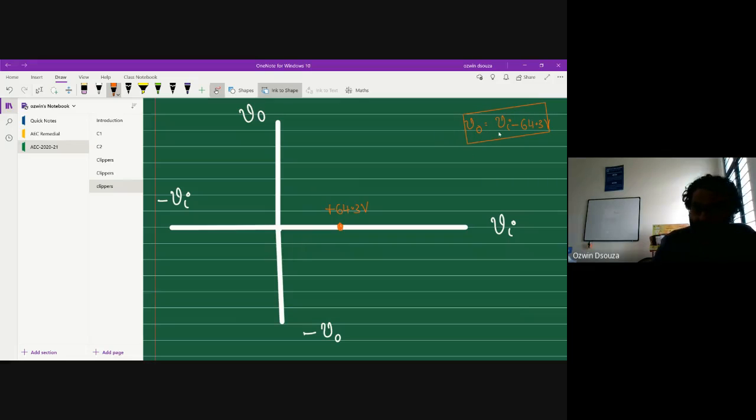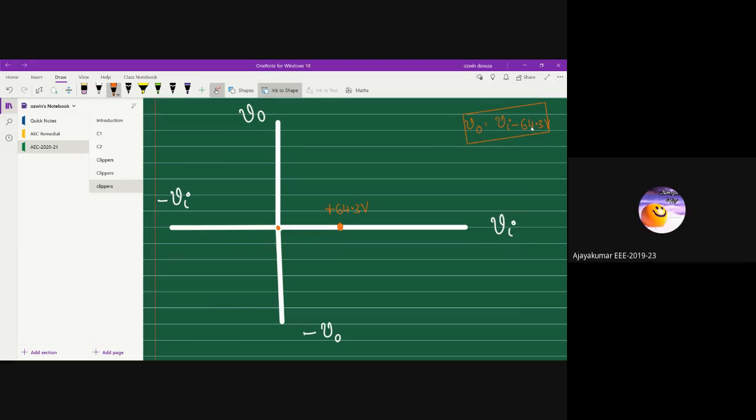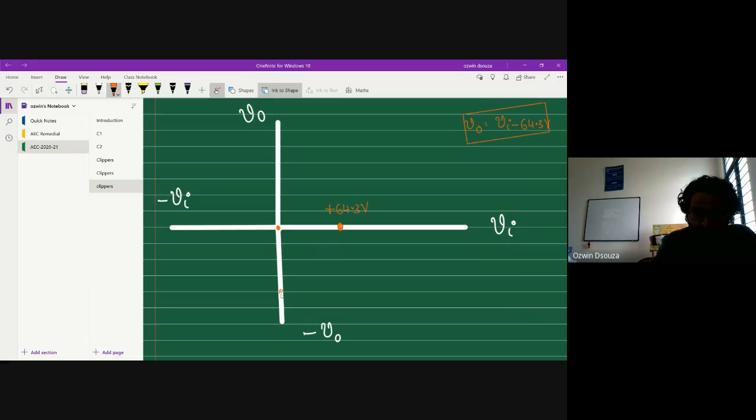Fine. So that means when your input is 0, what will be the value of output? Minus 64.3. Just mark that point.